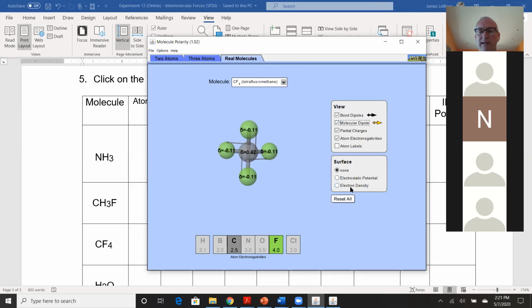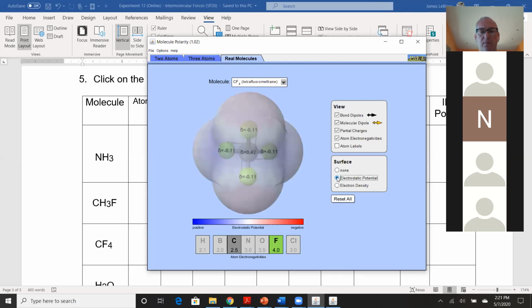And when you look at the electrostatic potential here, you can see there's not much difference. It's basically equal all the way around because we're looking at the external atoms. We can't really look at the carbon because it's in the middle.